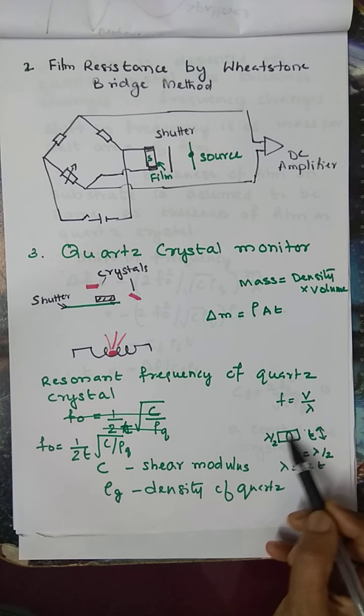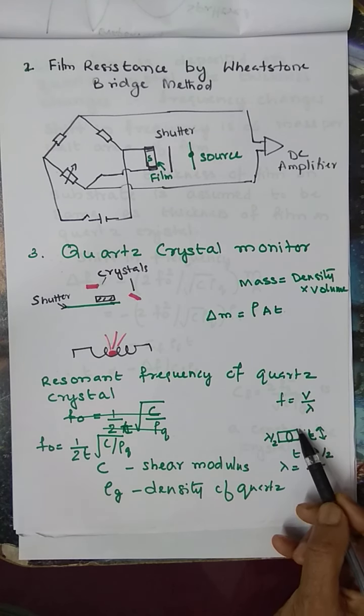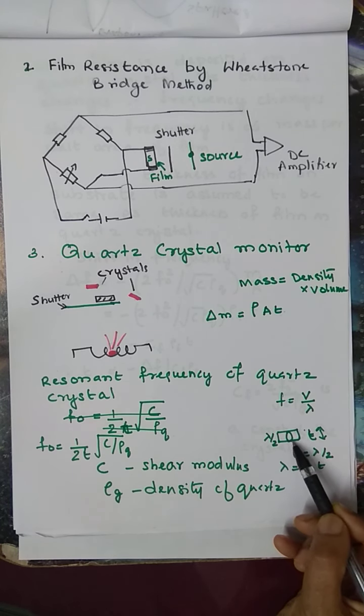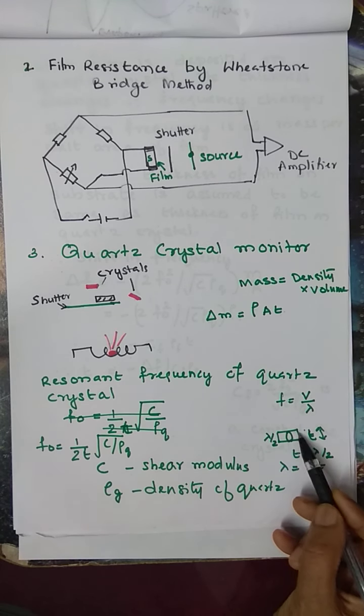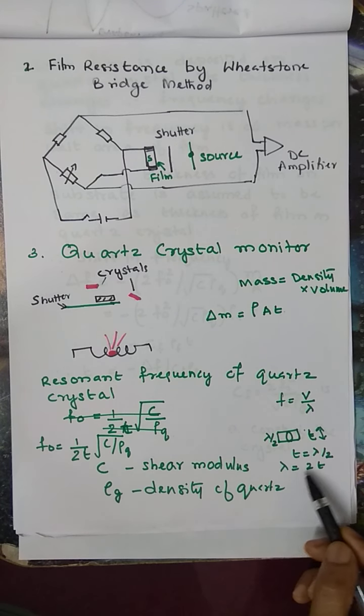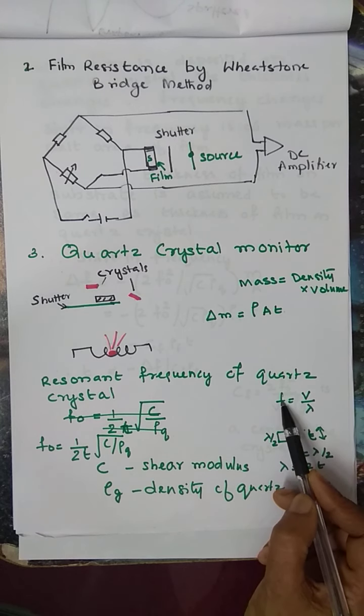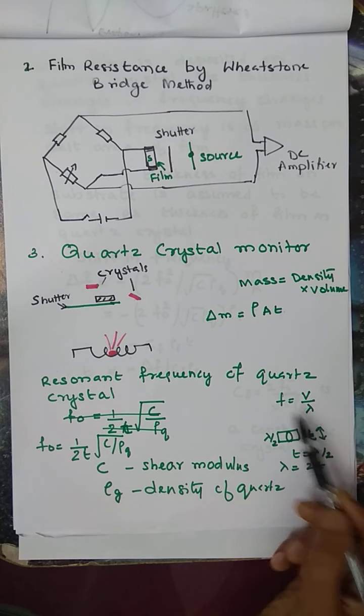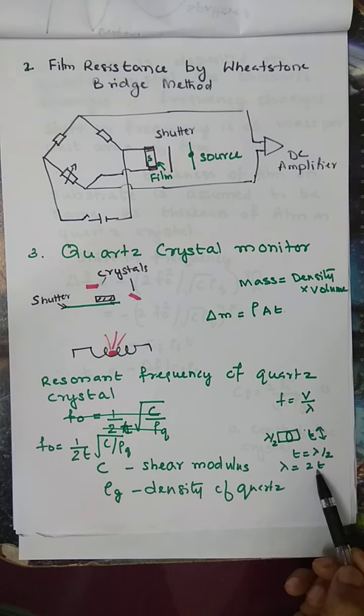If you look at the quartz crystal, this is the thickness of the quartz crystal, and these 2 sides are fixed. So it will have nodes at these 2 fixed ends. So the first mode will have the thickness corresponding to lambda by 2. So lambda I can write as 2t, because I have to express the equation for frequency. Instead of lambda I can write 2t.